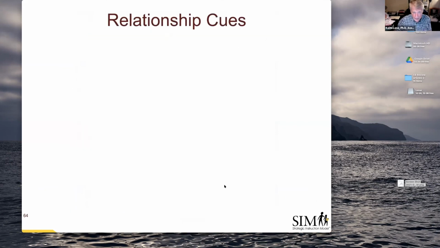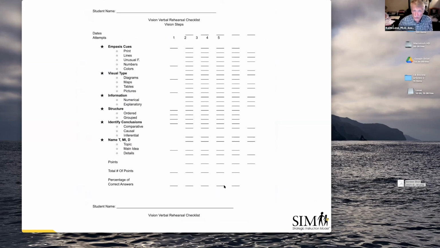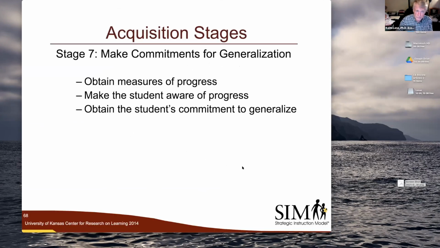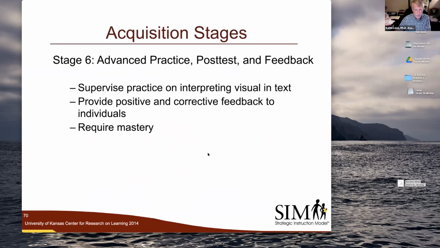There's the steps again. And then verbal practice includes remembering the cues. There is a checklist for you to record student progress in remembering all the steps that they need to remember about the interpreting visual strategy, including the different types of visuals. And this goes back to the very beginning: controlled practice, advanced practice.